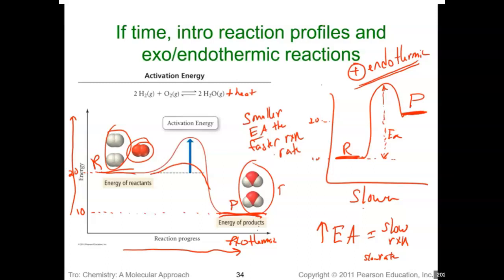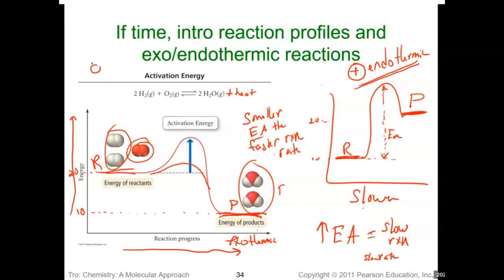Are there any questions before we go on? No questions? Oh, what's the correct orientation? The correct orientation means that they have to be positioned in a way where they can react with each other. Usually what I use is my hand.